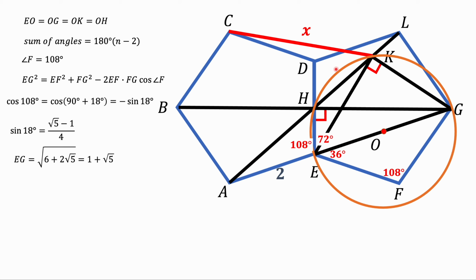We want to find this segment CK. And to find this segment, we need some kind of triangle, quadrilateral, something. So we can create a triangle ACK, and we can use the law of cosines, for example, to find CK if we know AC and AK and the angle between them, or more precisely, cosine of the angle between them.